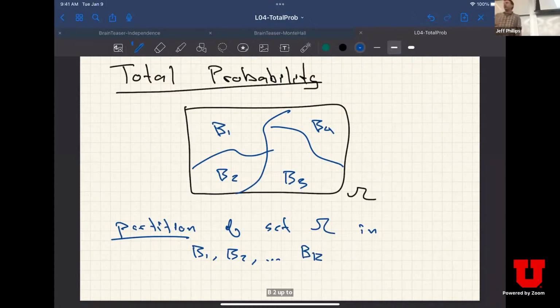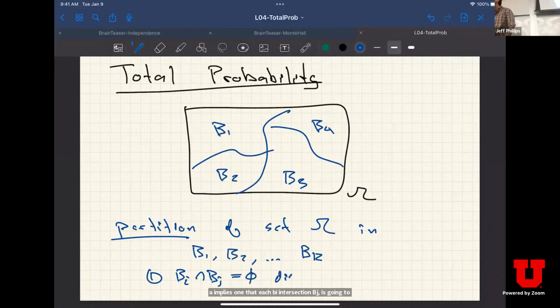Then this implies, one, that each Bi intersection Bj is going to be the empty set. They are disjoint. All the sets are disjoint from each other.